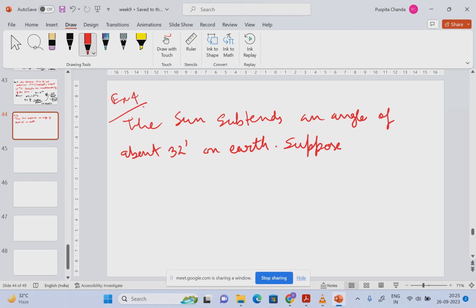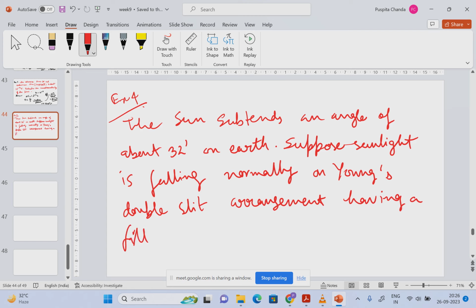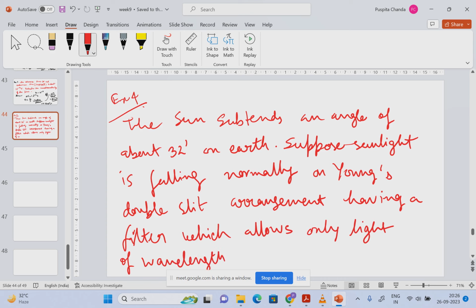Suppose sunlight is falling normally on a Young's double slit arrangement, having a filter which allows only light of wavelength 5000 angstrom through it.